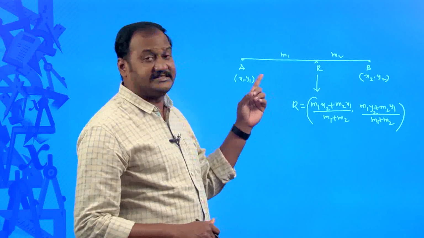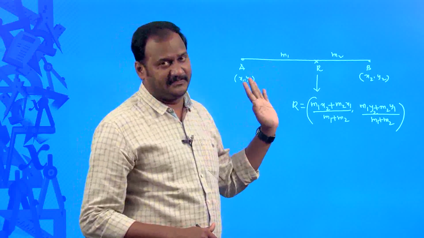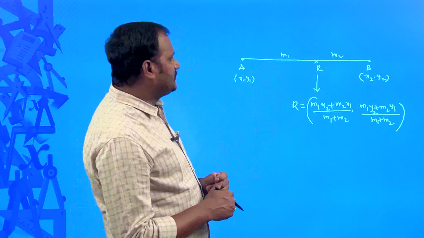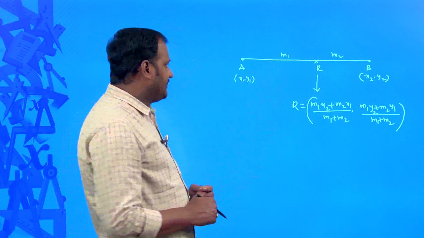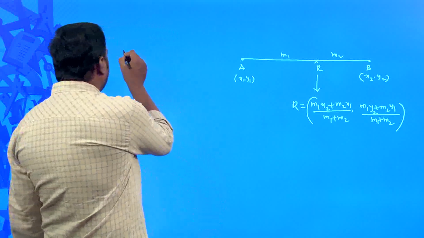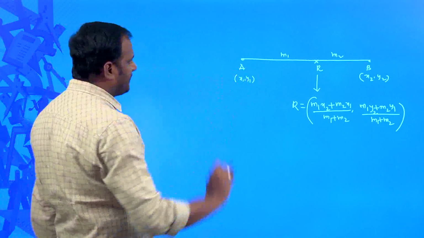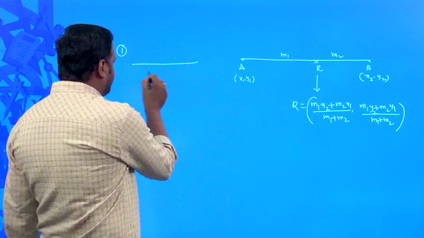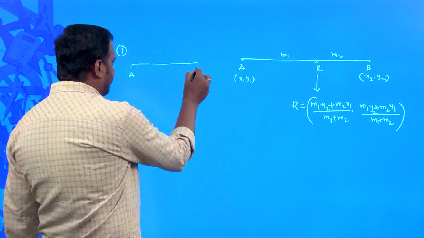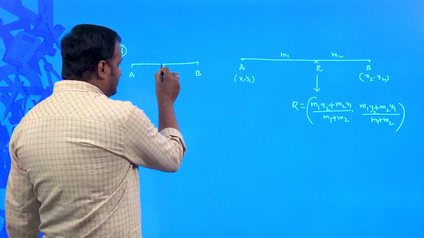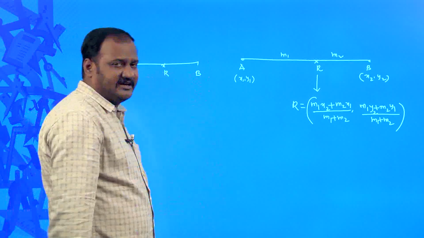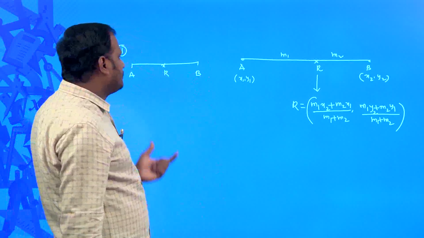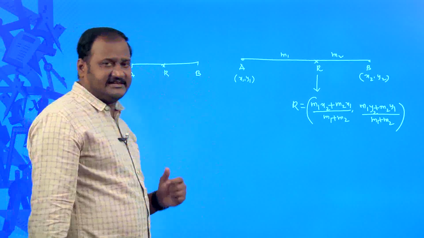This is what is called the section or division formula, and we have a few applications of this division formula or section formula. See, for example, this is the line segment AB joining any 2 points A and B. Suppose this R is the point lying exactly in the middle of the line segment AB, then what would be the ratio in which R divides the line segment AB?